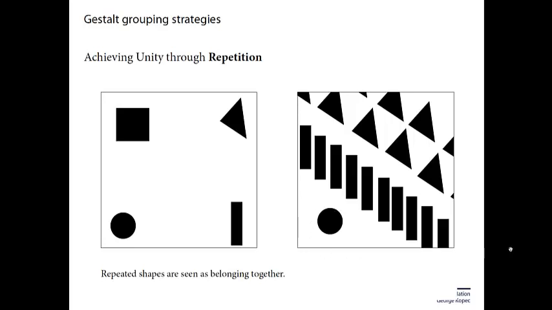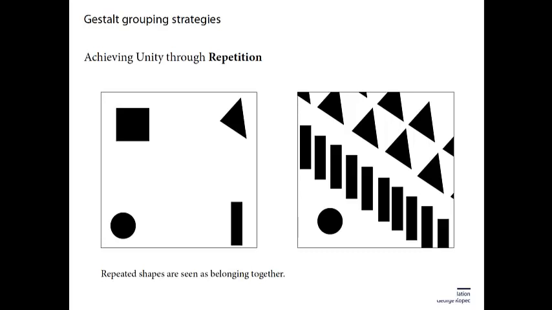So by repeating the shapes, what we're saying is, okay, this big line of bars is somehow related to this line of triangles. There's a similarity between those two. This thing does not seem to belong with these other two. So by repeating the shape, you can create some unity through repetition. Repeated shapes are seen as belonging together, and also repeated shapes are seen as one unit.